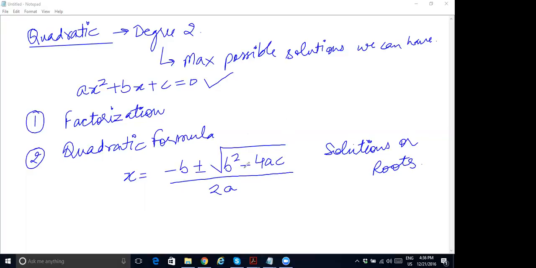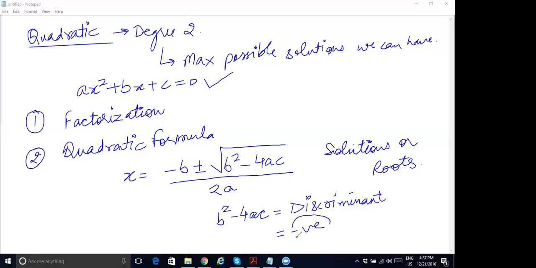Now, why do we say we can have a maximum of two solutions? Consider that the value inside the square root, that is b square minus 4ac, is known as the discriminant. This value can be negative depending on the values of a, b, and c.